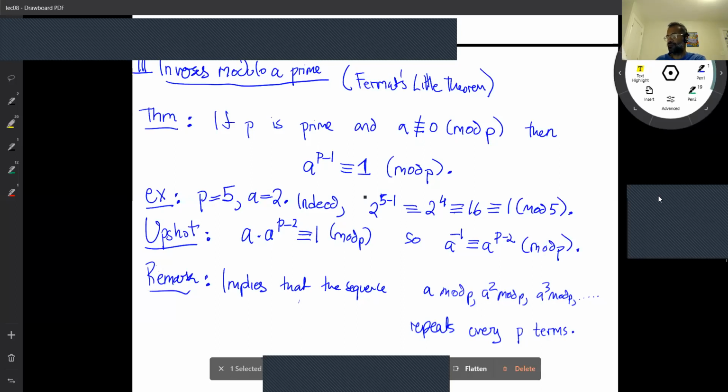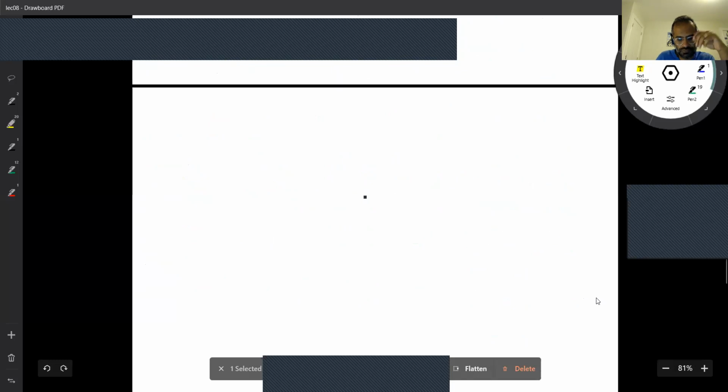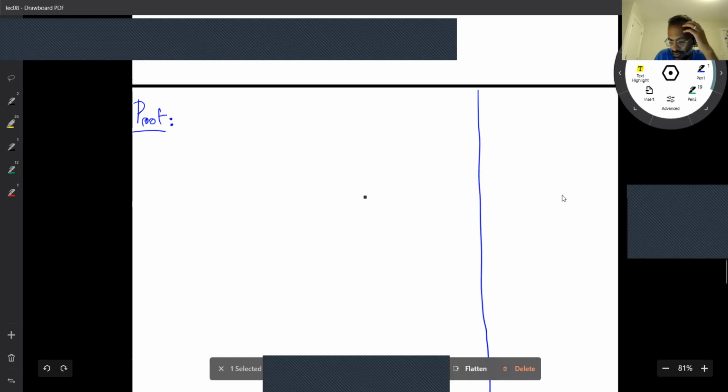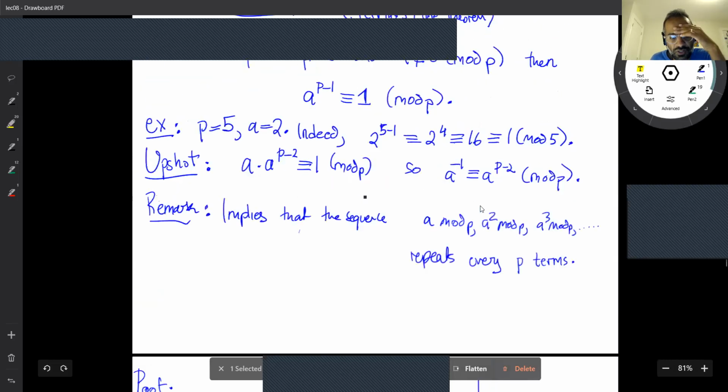So let's prove this theorem. Any more questions before we prove it? Okay. So the proof is quite subtle. I'm gonna write the proof, then I'm gonna run the proof on an example just to make sure you understand it, because it's kind of tricky. What's the assumption of the theorem?